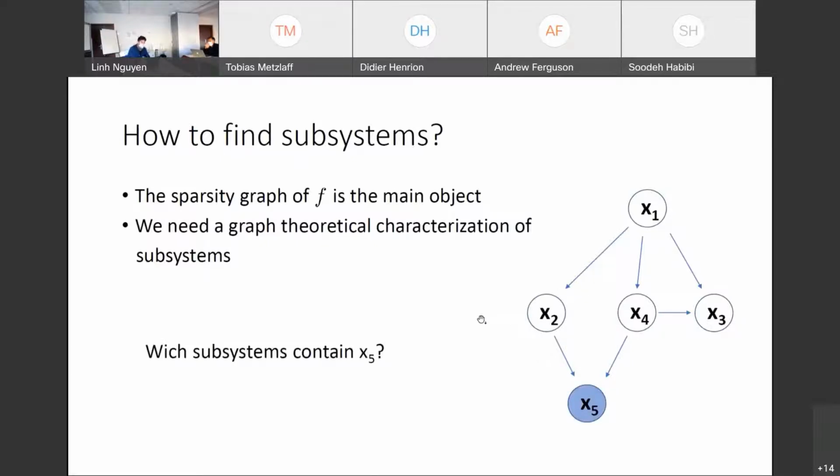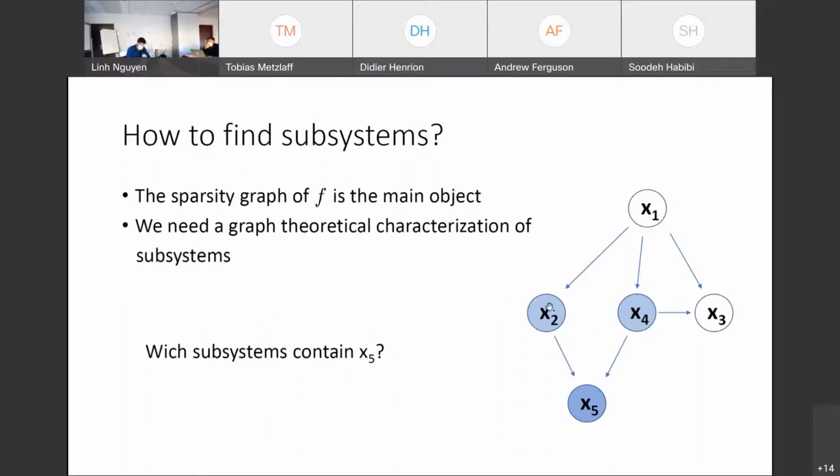If we were interested in what a subsystem that contains x5 could look like, what does it mean? We know that the dynamics of x5 depend on x2 and x4. So any subsystem containing x5 has necessarily to contain these two states as well.